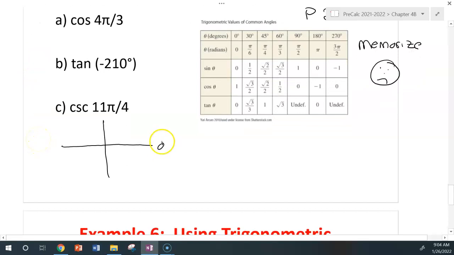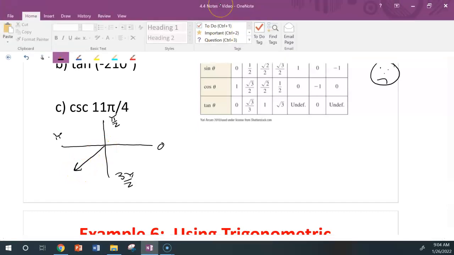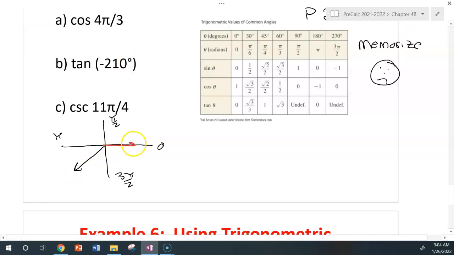So 0, pi over 2, pi, 3 pi over 2. 4 pi over 3 is round about here. There's our initial. So right in here is our reference angle.